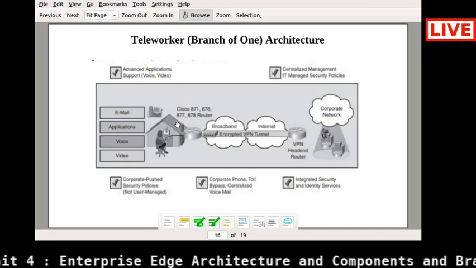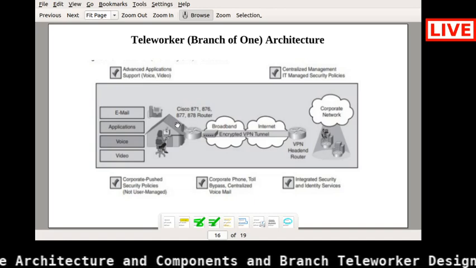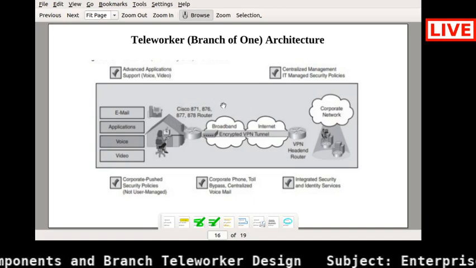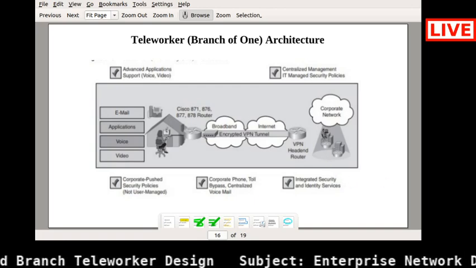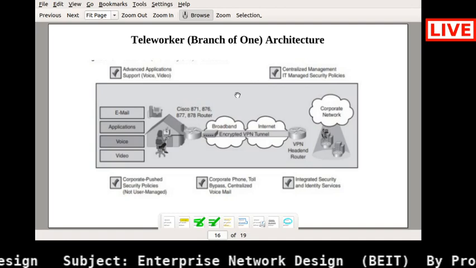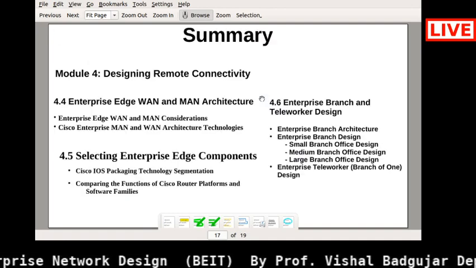Obviously, you are going to access all of this remotely, and therefore it is called teleworkers. In this way, this particular communication will take place. So this is nothing but the teleworker architecture.